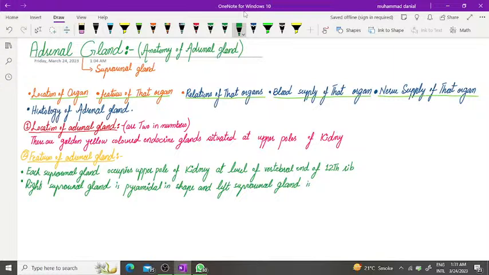The weight of each suprarenal gland is 5 gram.